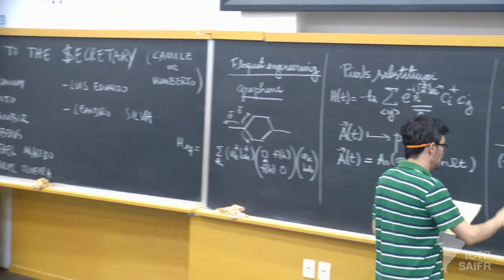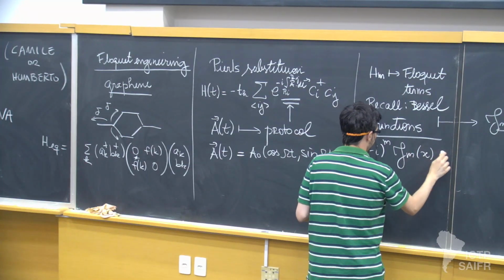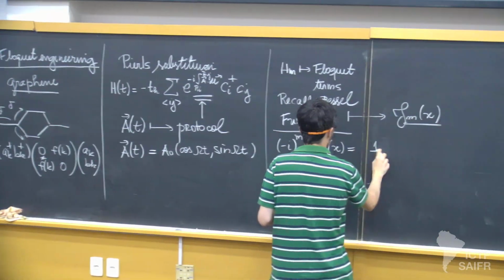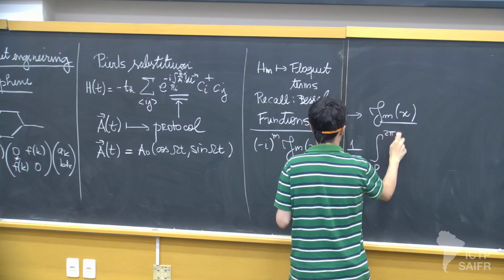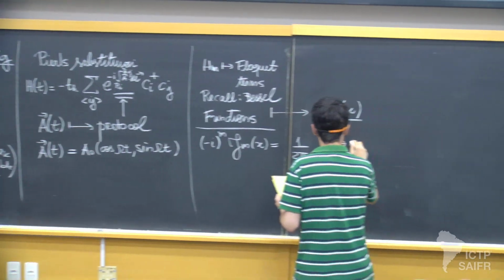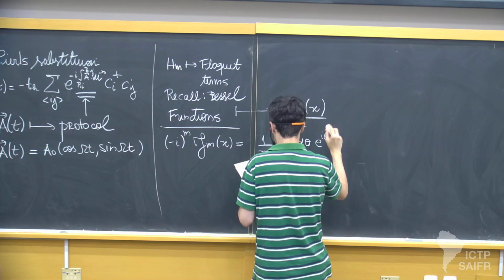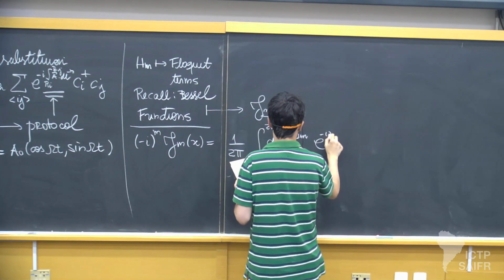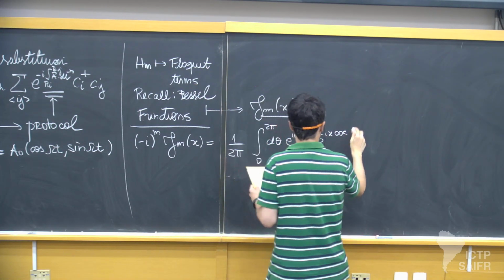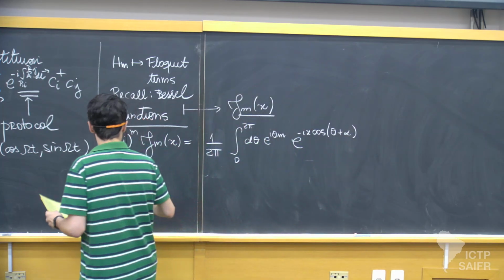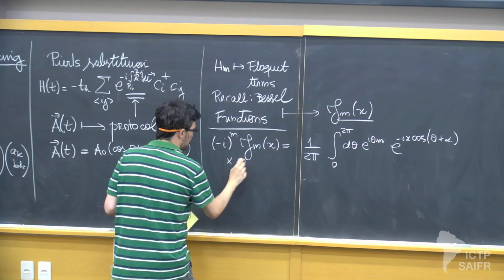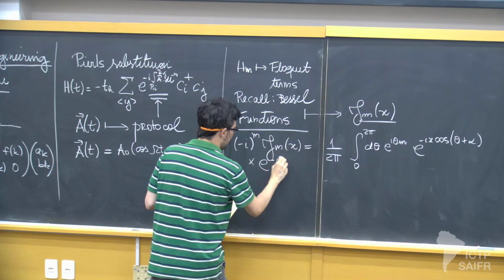Let me just list some properties of them here. In particular, the integral representations. It's 1 over 2 pi, integral from 0 to 2 pi, d theta, e to the i theta times m, e to the minus i x cosine of theta plus alpha. Oh, sorry, here I'm missing the exponential of minus i m alpha.